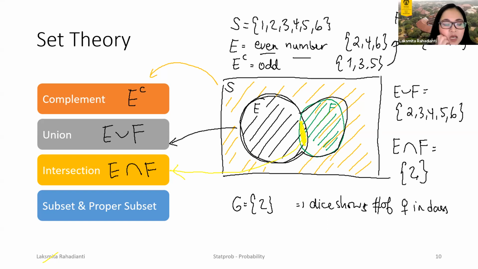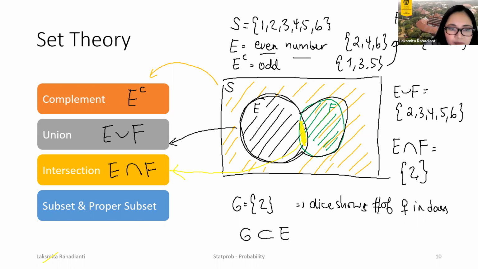Okay. So if you see here, when I'm talking about subsets, we can also say that G is a subset of E. Here, that's a subset. So here I'm going to write G somewhere here.